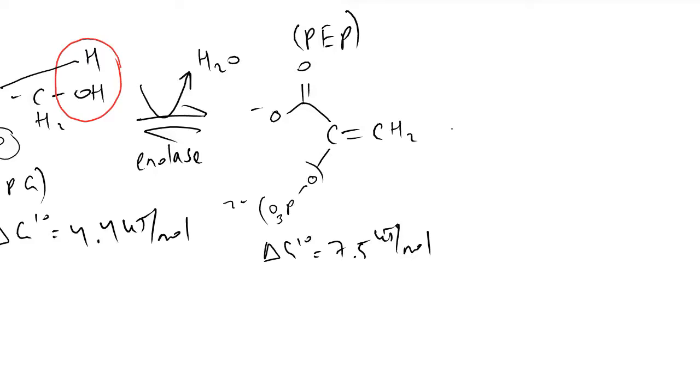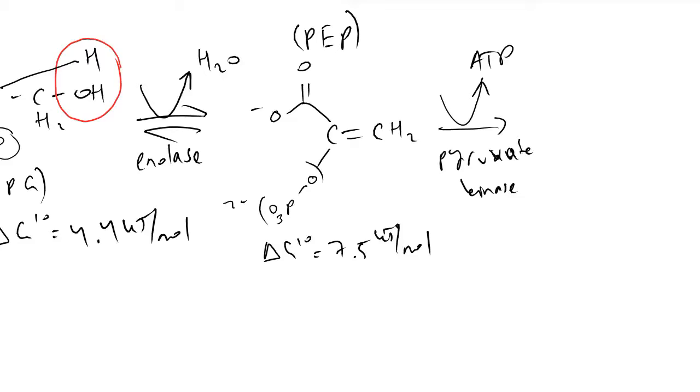What pyruvate kinase will do is transform PEP into pyruvate, which is the ultimate product that we wanted in order to proceed into the citric acid cycle. So pyruvate kinase is what forms pyruvate.